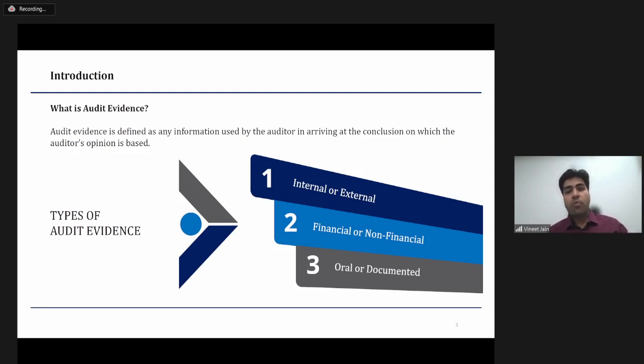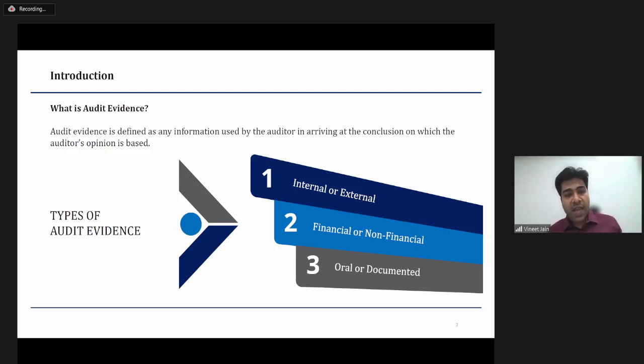Then the second type of audit evidence is financial or non-financial. Financial audit evidence is number-impacting audit evidence. Any such information or document, for example ledgers, books of accounts, backups or statements which have a number impact on the financial statements, or anything related to the numbers appearing in the financial statements, is known as financial audit evidence.